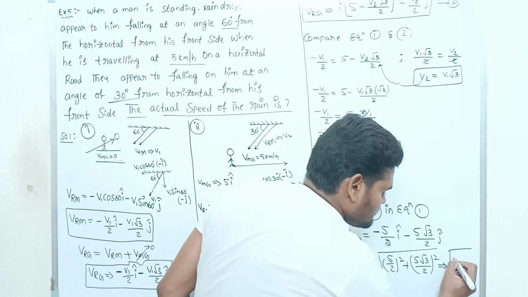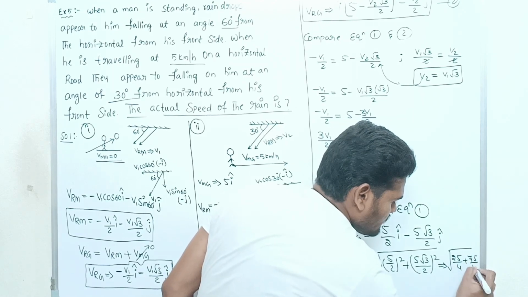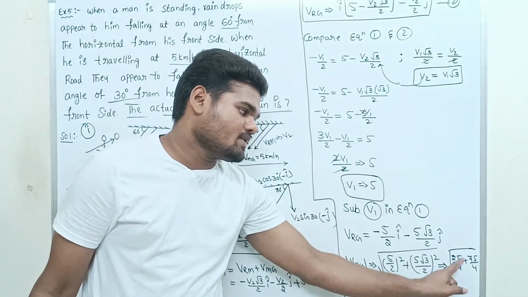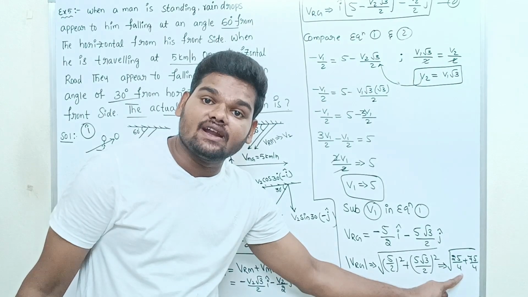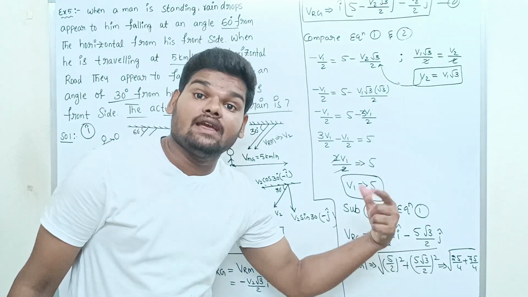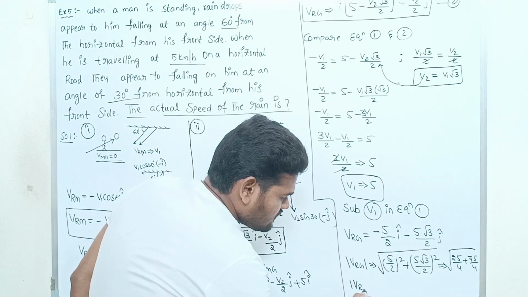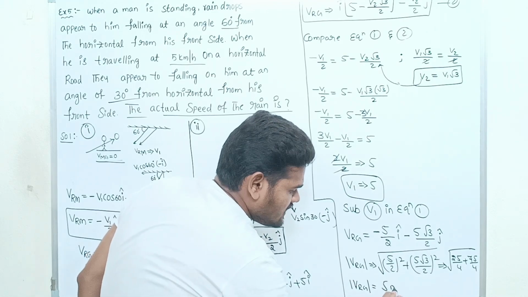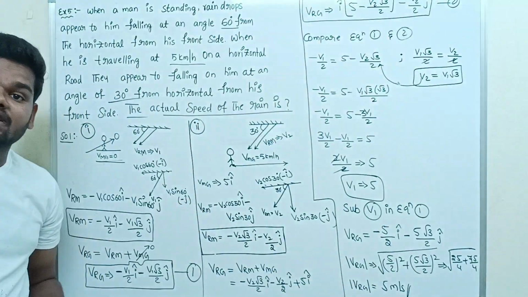So this is equal to 25 by 4 plus 75 by 4. Denominators are same, numerators will be added. So 75 plus 25, 100 divided by 4, it becomes 25, root over 25. So what is the value of root over 25? 5. So you will get the velocity of rain with respect to ground is equal to 5 meter per second.